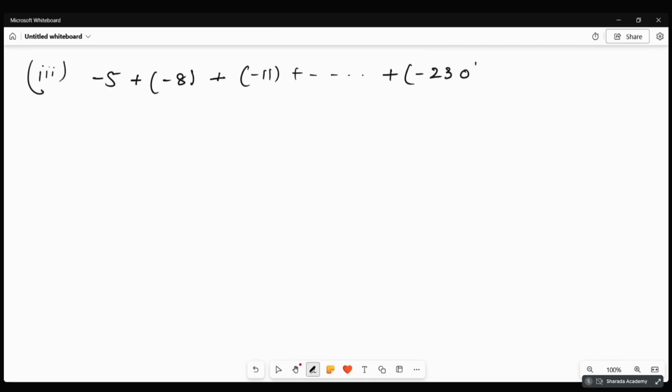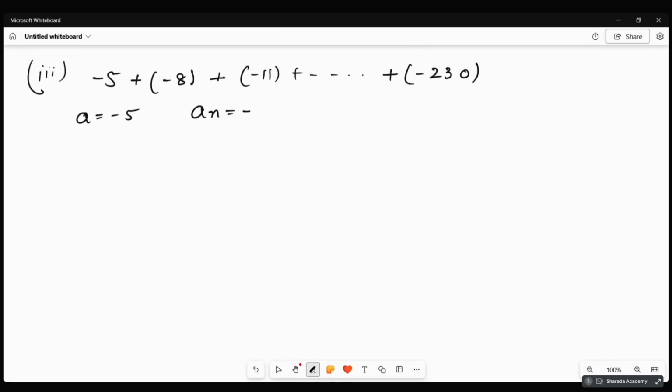Third one, minus 5. Now a is equal to minus 5.